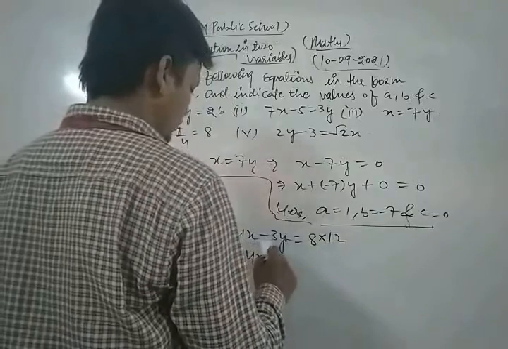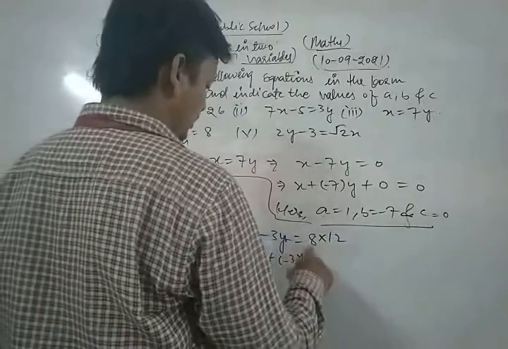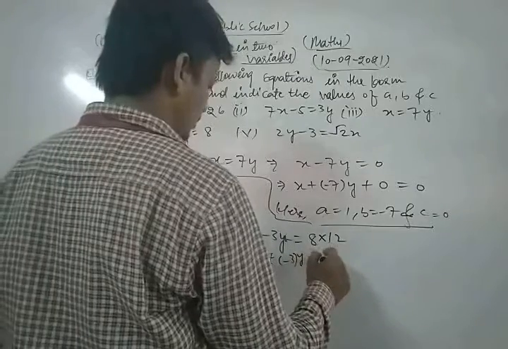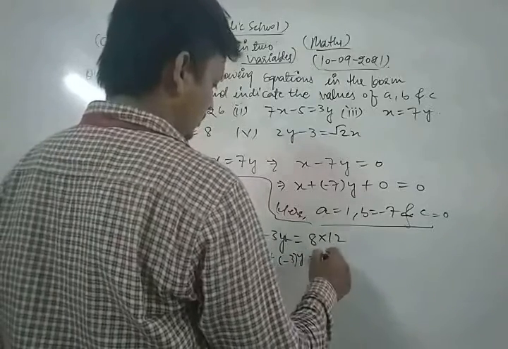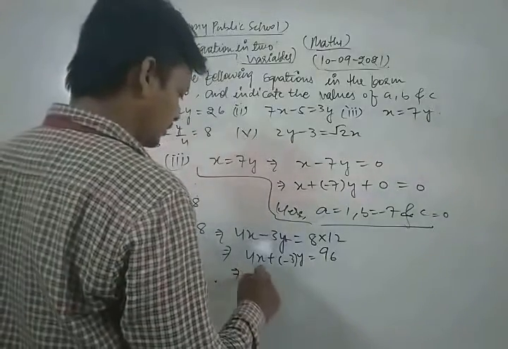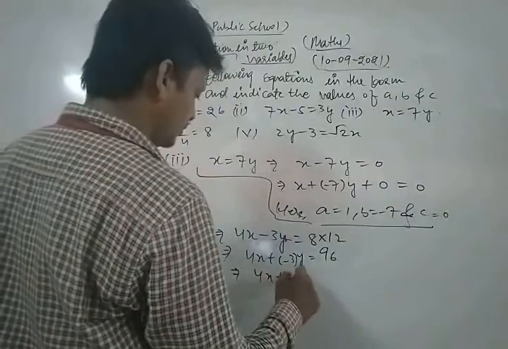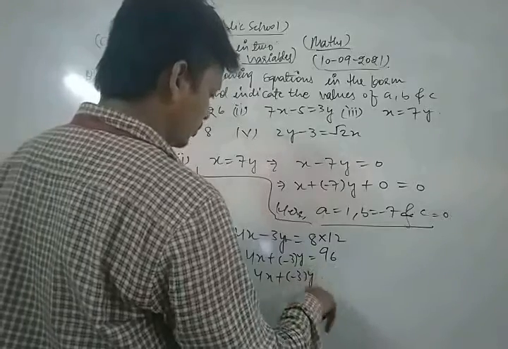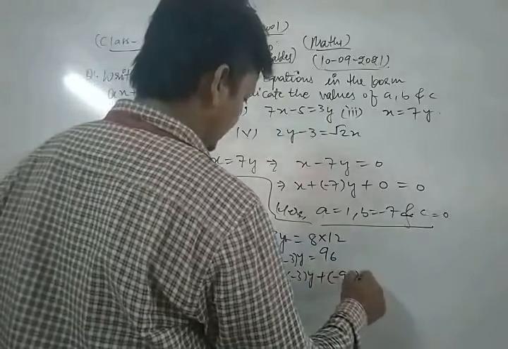This is 4x plus minus 3y is equal to 96. So we get 4x plus minus 3y plus minus 96 is equal to 0.